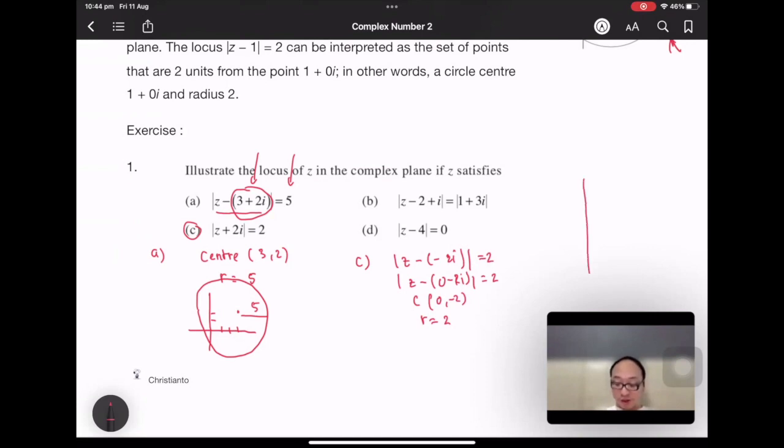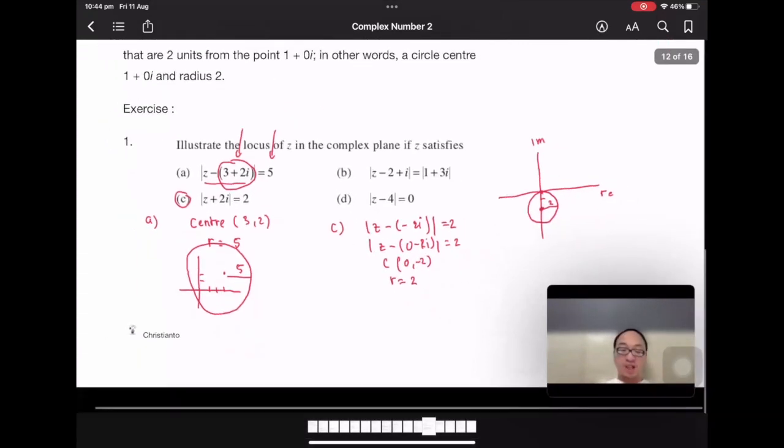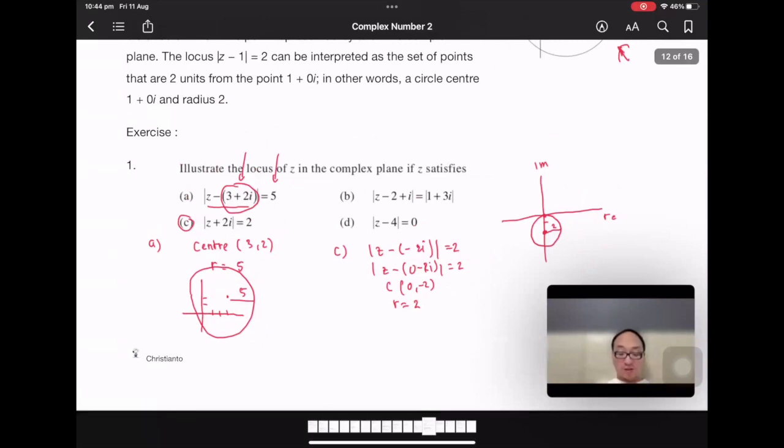So we can draw. This is the real and this is the imaginary part. The center is 0, negative 2, so negative 2 here, and the radius is 2. It starts from 0, 0, the radius is 2. So this is the locus of the circle.